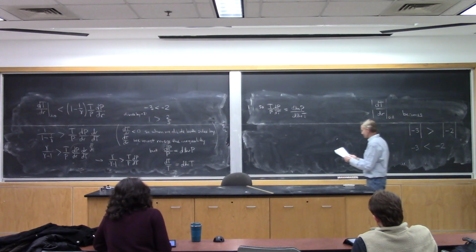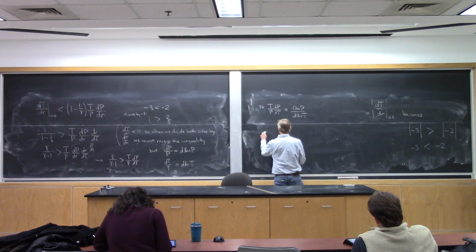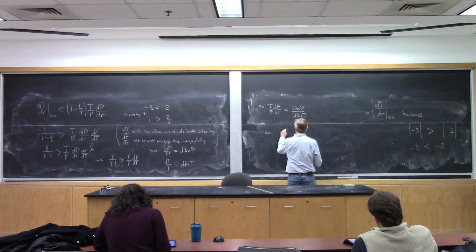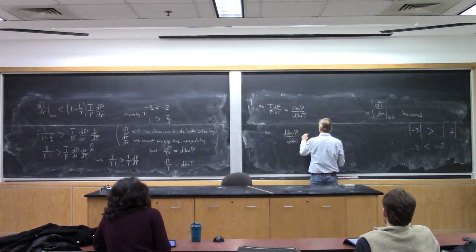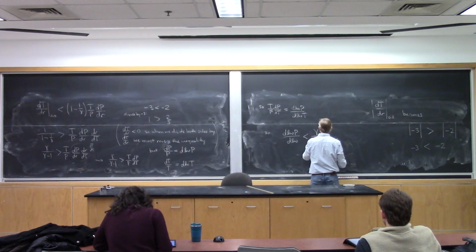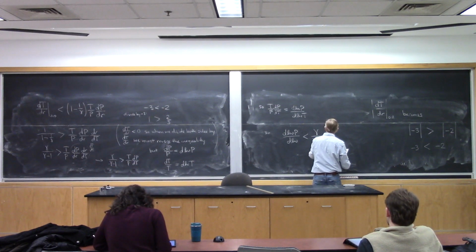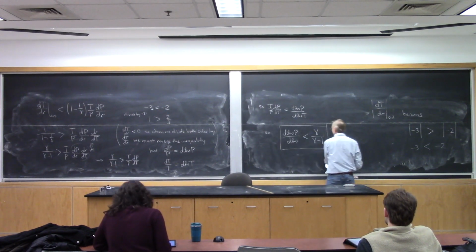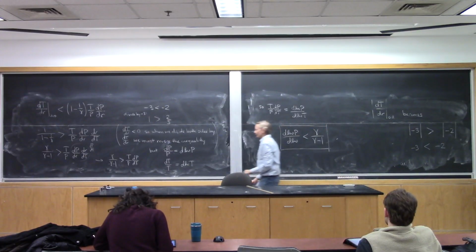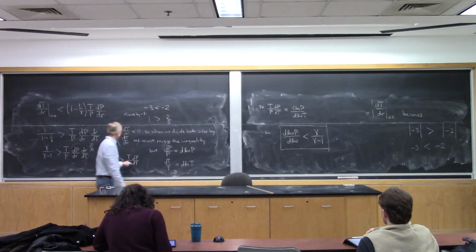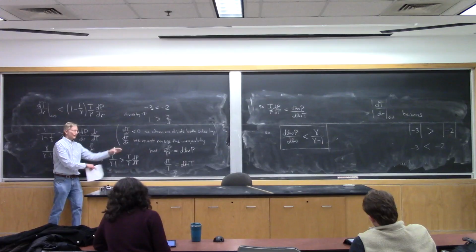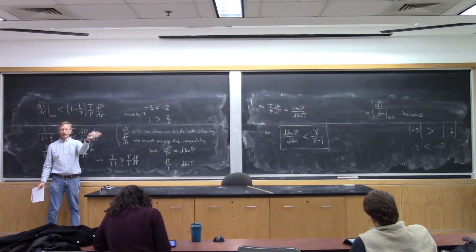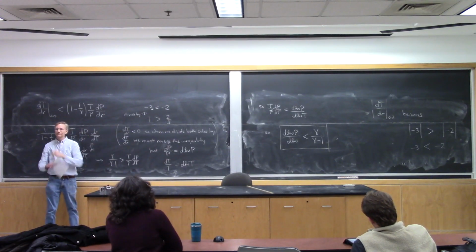So d log p d log t needs to be less than gamma over gamma minus 1. Draw a box around it. Right? Because I'm just reversing the order. Flip them around. The inequality changes when you change the two sides.